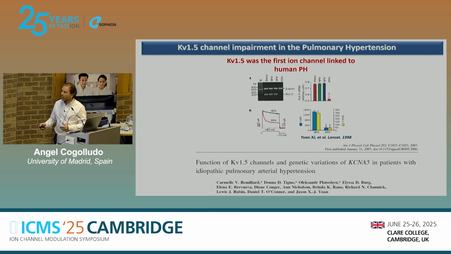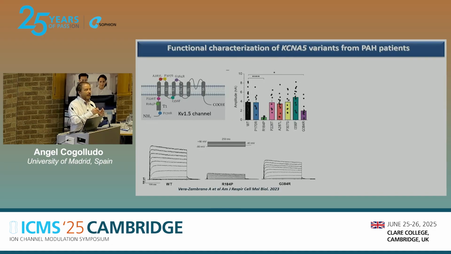And more recently, we have analyzed the functional consequences of these variants in the gene. In particular, we have looked at different variants found in a Spanish cohort of PAH patients. And here are the data we obtained with the 7 variants that we analyzed.